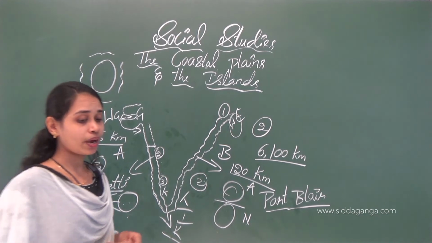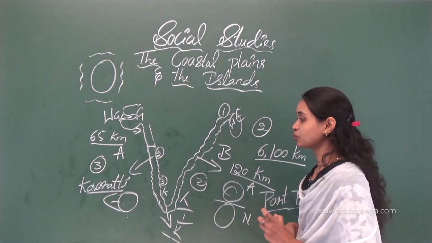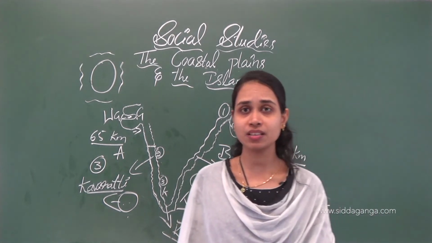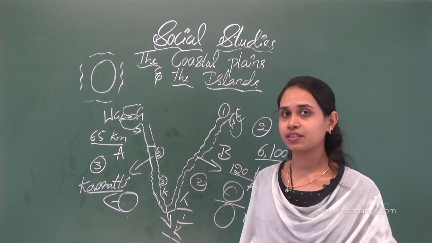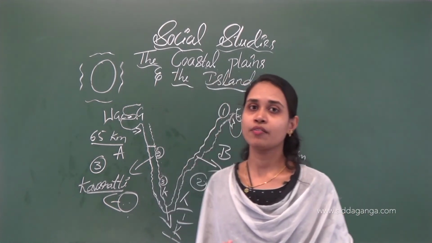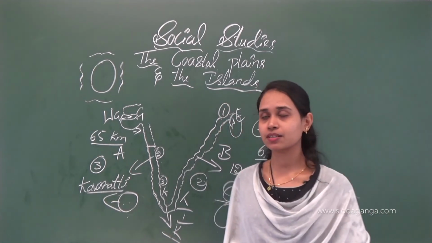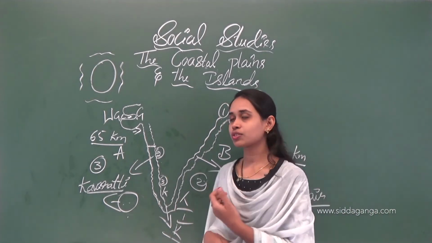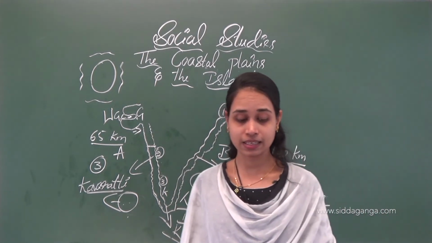This provides livelihood to people. Fishing also helps us, isn't it? From the fish what do we get? Yes, we get oil, and also for other purposes. So that's why the coastal plain is very important to us.